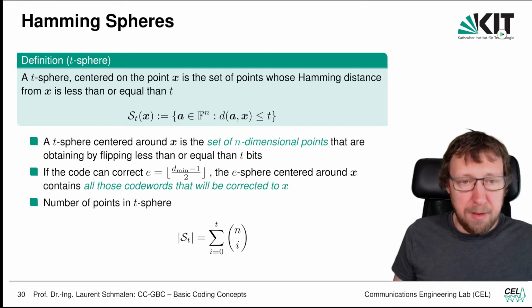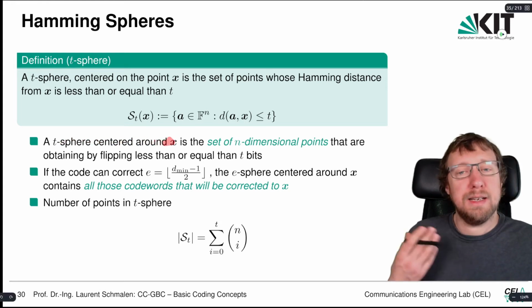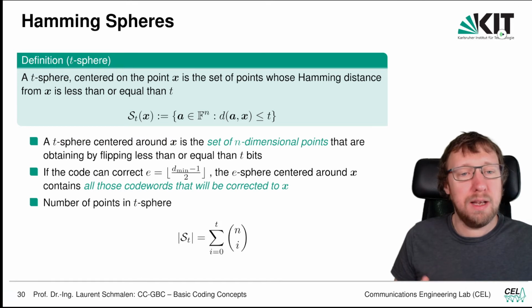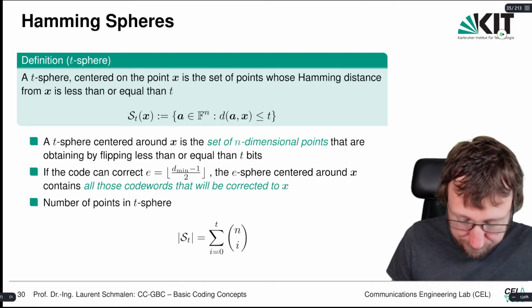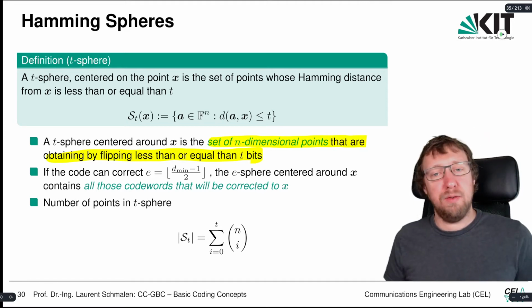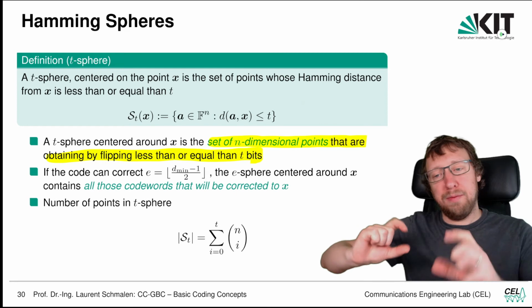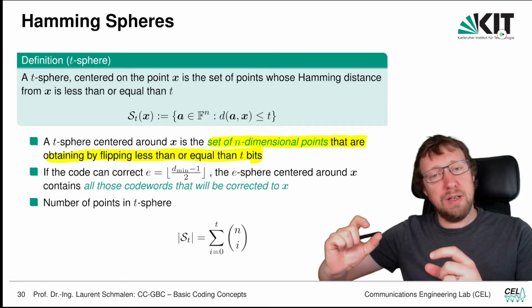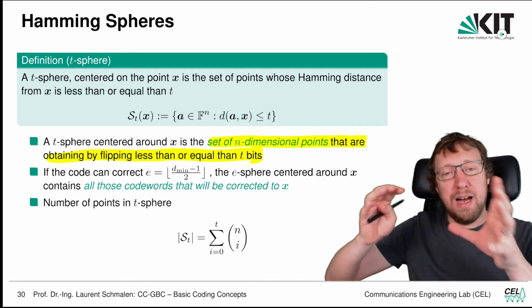If we have a t-sphere centered around X, this is the set of n-dimensional points that are obtained by flipping less than or equal to t bits. That's how you can also see it. We have a vector, and we flip some of the positions of this vector, and if we flip at most t, then we are in this sphere.